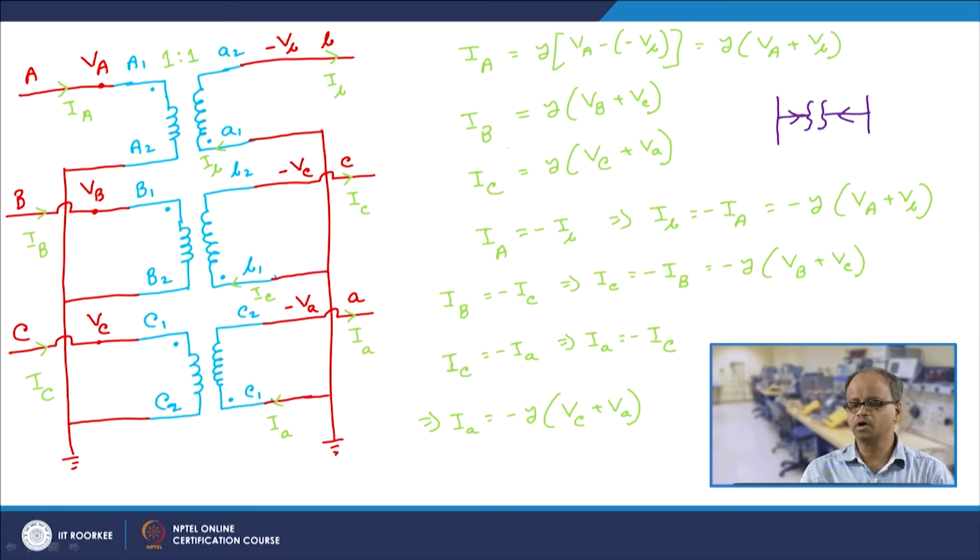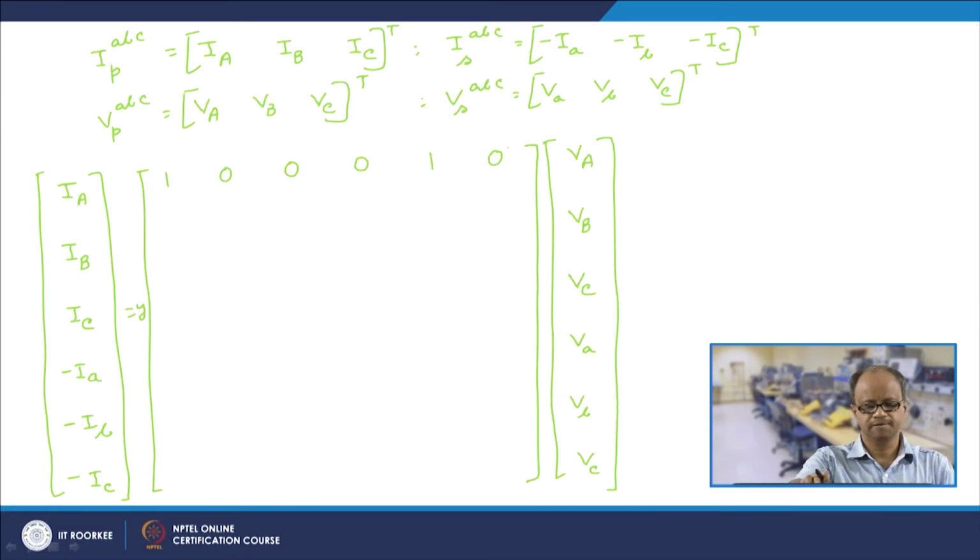Ib is y into Vb plus Vc. So, this is 0, Vb. So, 1, 0, 0, 0, 1. So, these are all 1.